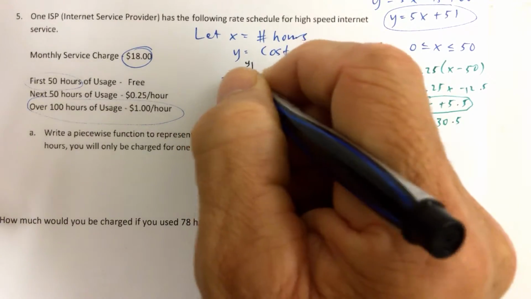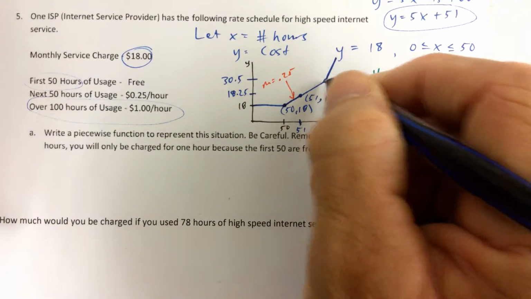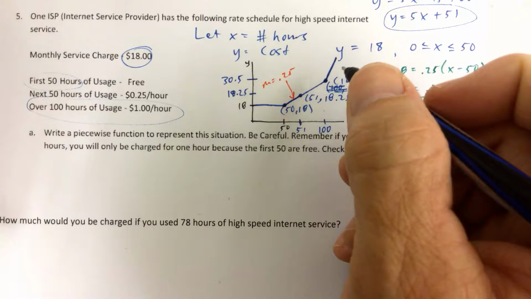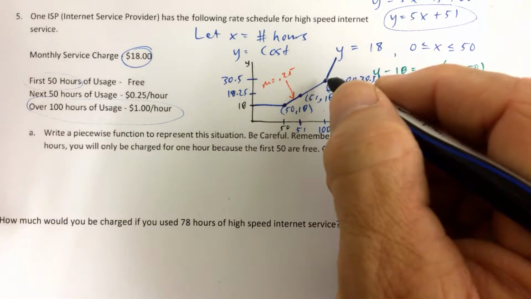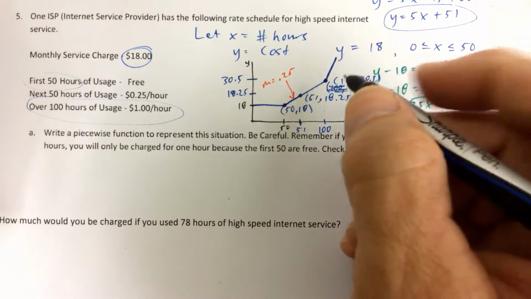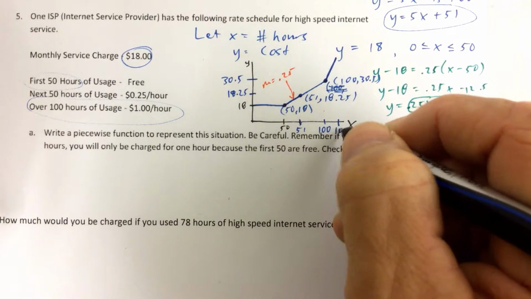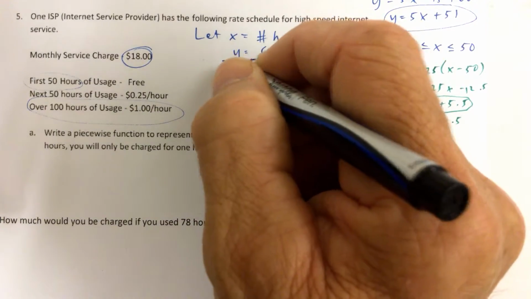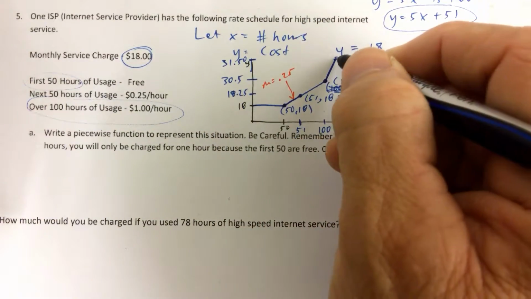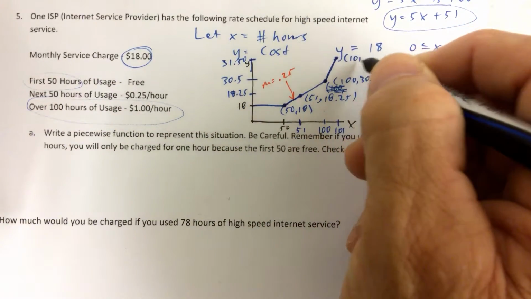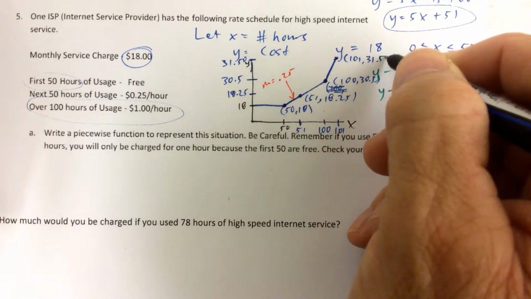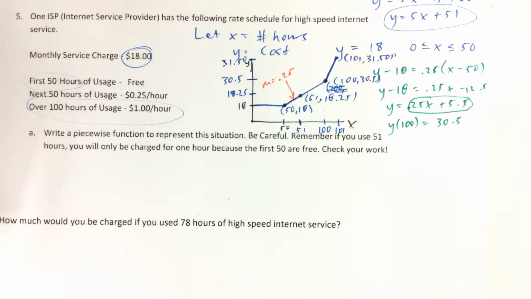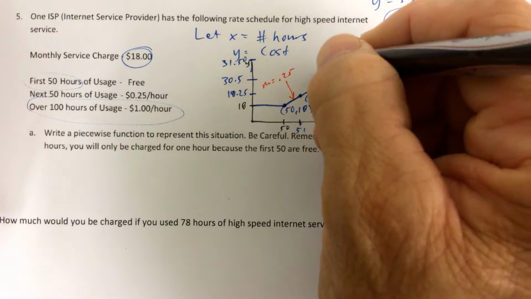Back up here, we have $30.50. That's how much we'd have to pay if we used 100 hours. And then 101 hours would be $1 more, so that's $31.50. And so we have the point 101, 31.50, and we have the slope of that line.